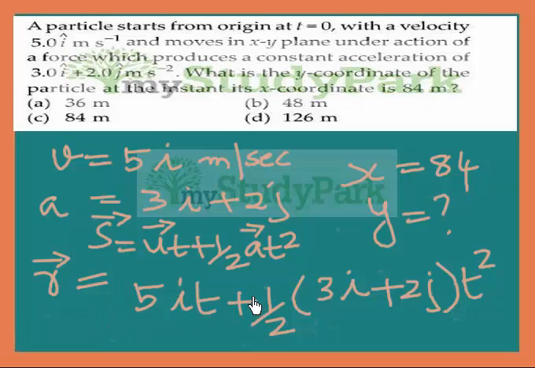5i t, or 5t i, probably I should say it like that. So 5t into i is nothing but the direction vector. So let us go to the next level from here.